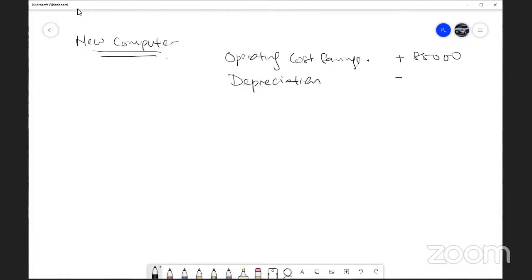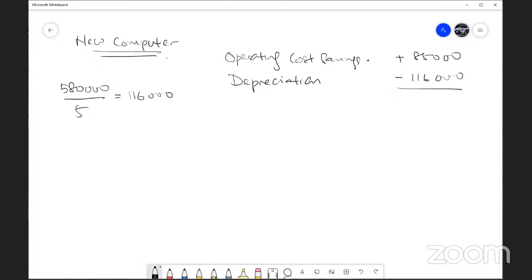How much is the depreciation here? The new computer will cost you $580,000, divided by 5, it's 116,000 per year. So depreciation is 116,000.